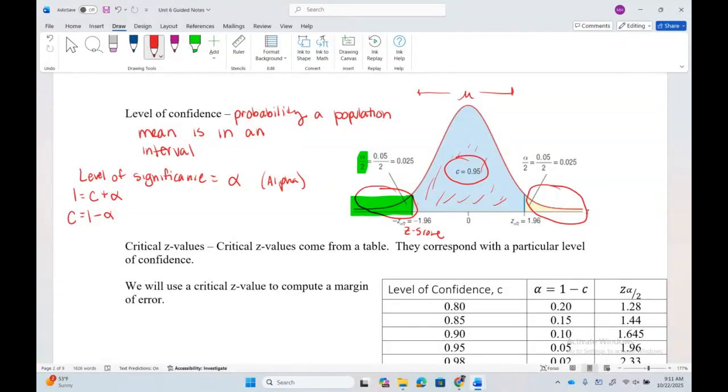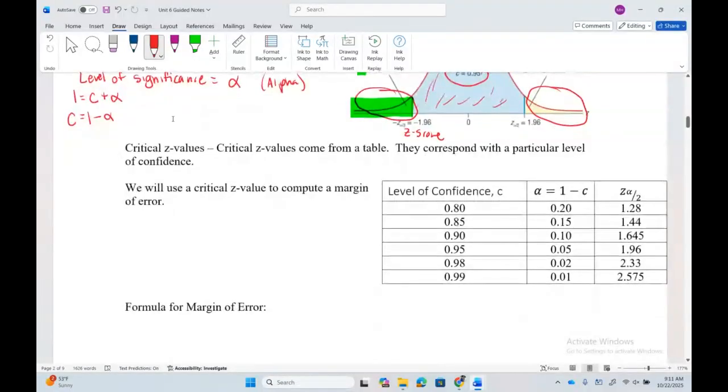So instead of using our big standard distribution table, what we have here is a little shortcut for z-scores that are going to be associated with a level of confidence. For the problems in this section, we won't have to use our big table. We can use this short table where they've got your levels of confidence already listed out and the z-scores that go along with them.